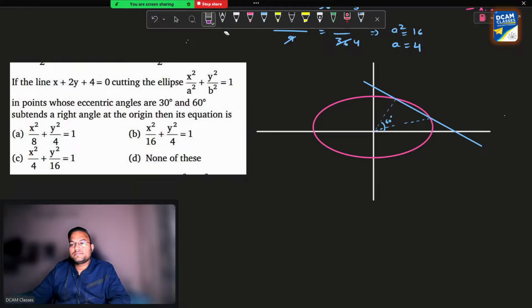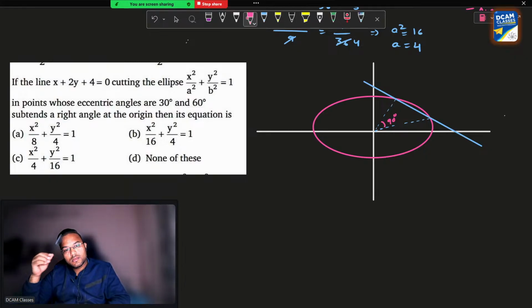Okay, maybe something else, but they are saying subtending 90 degrees at the origin. Line subtending right angle at the origin.